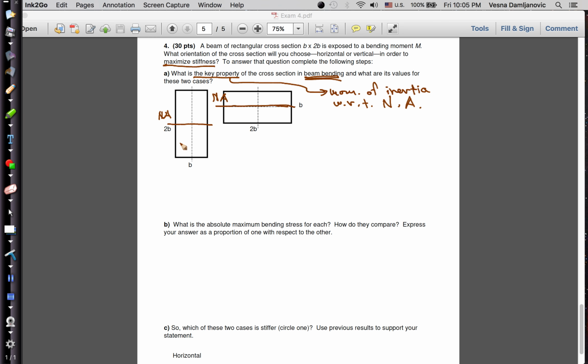And so all of you, some of you intuitively, some of you because you're really fixated on equations, realized that it has to do with how far the material is from the neutral axis. Yes, but now let's see how and what. Let's first answer this question, and when we come to that question, we'll talk about it.